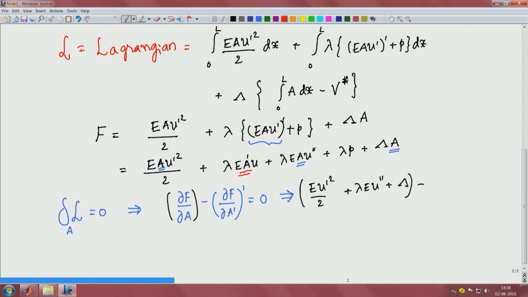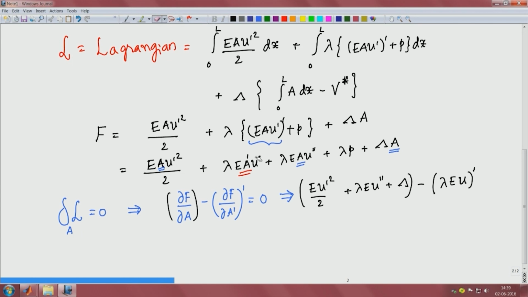That gives us the second term, which is lambda E u, and actually this is not A prime u, this is A prime u prime. So, when you wrote dou f by dou A, this should be lambda E A prime u prime and lambda E A u double prime. So, this is the whole prime.